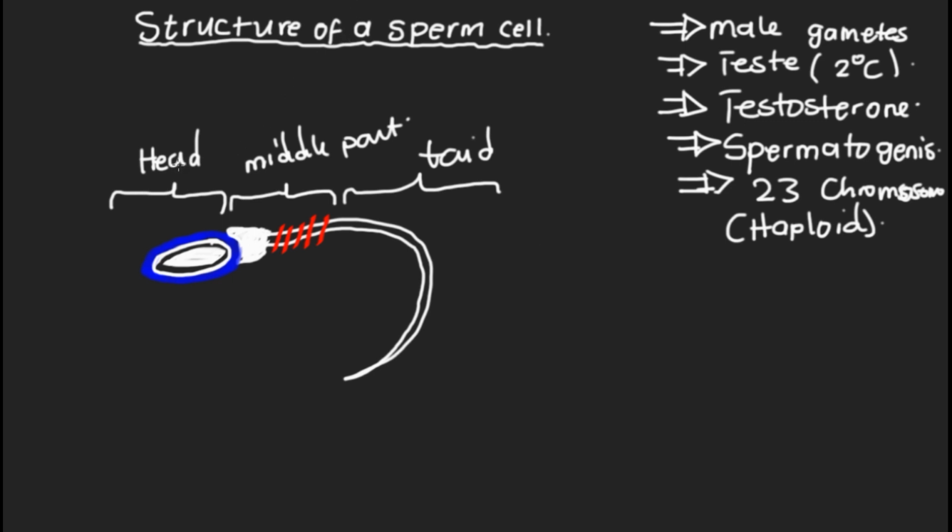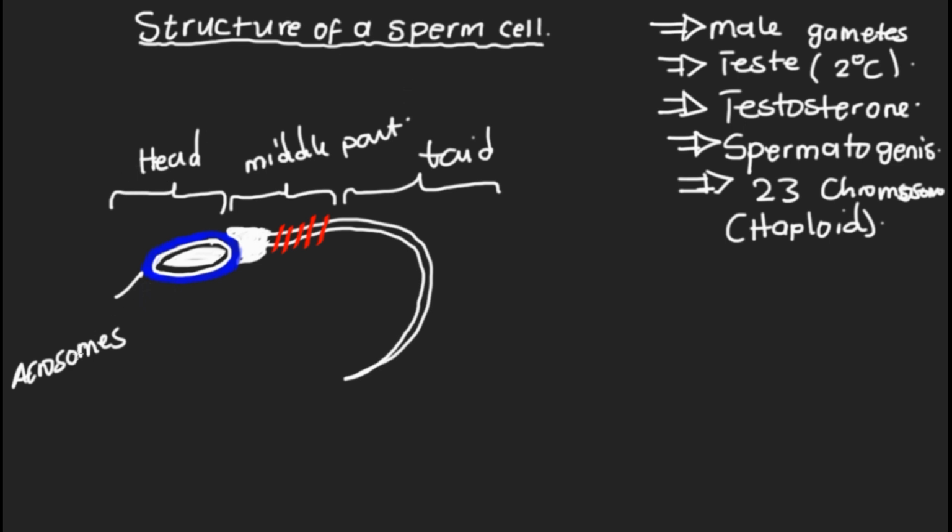Now, in terms of what this sperm cell contains, the first one, this outer part here, is the acrosome. The acrosome contains the enzymes that are needed for the cell to penetrate into the ovum during the process of fertilization.